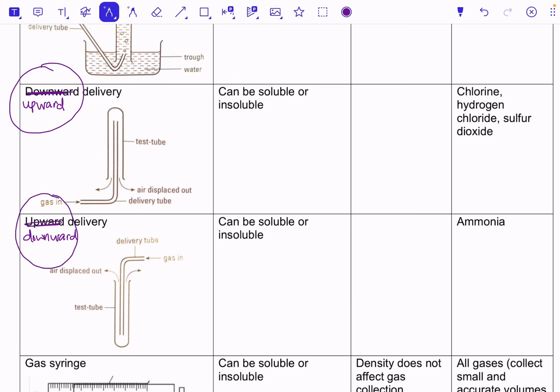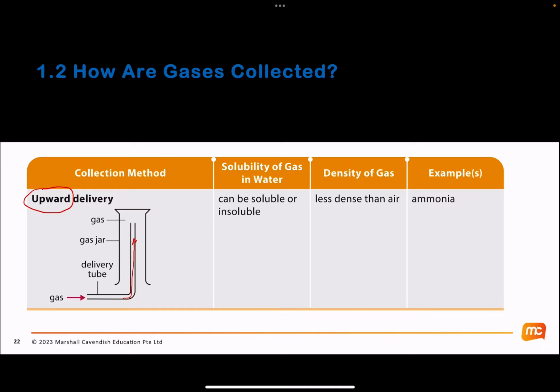This is called the upward delivery method, where you allow the gas to be collected in an upward direction. What kind of gases do we use this method to collect? Very simple. This collection method is very suitable for gases which are less dense than air.